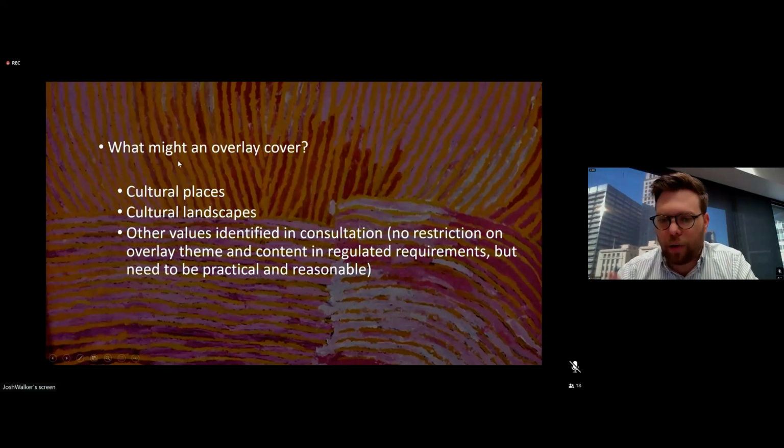It might form part of a visual amenity overlay, for example, and other values that you might be identifying in consultation. So again, there's no restriction on what overlays can cover, but think about it in the context of the overall complexity of the scheme and the ability to get caught up in knots a little bit if you're adding additional layers, and the unintended consequences that come with that.